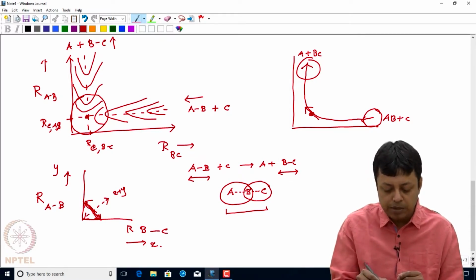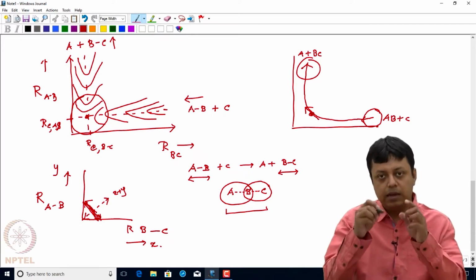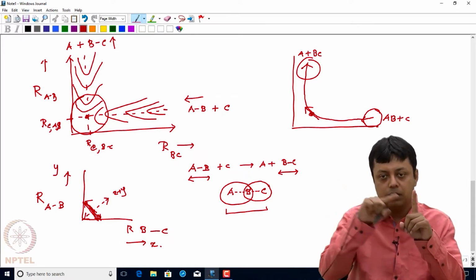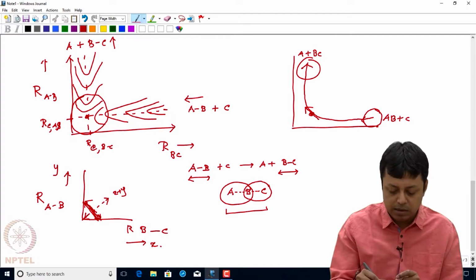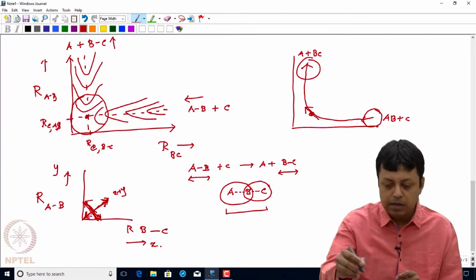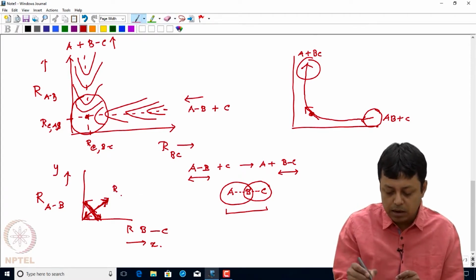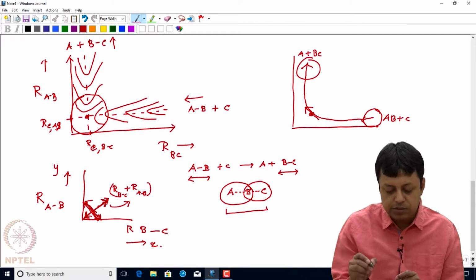So this vibration means, if you think that I have a rectangle like this and I am vibrating along this rectangle, which is this direction, instead of X plus Y, we can write it in our original notation as R BC plus R AB, which is the symmetric stretch.